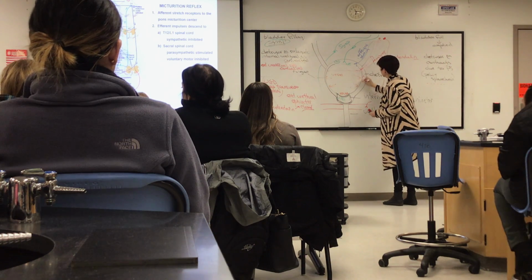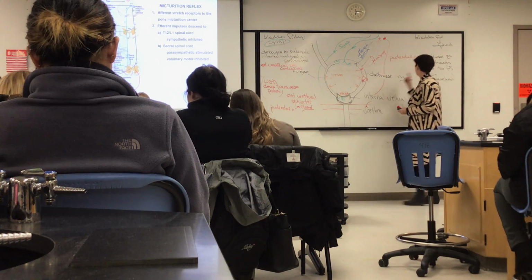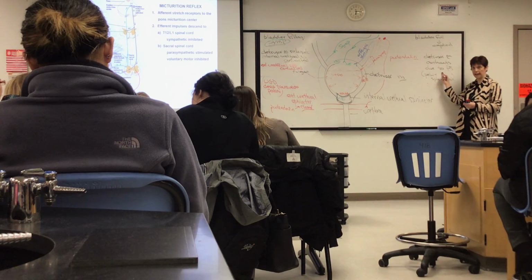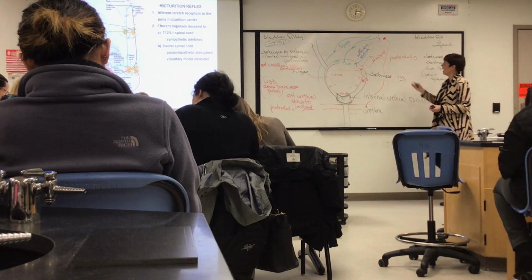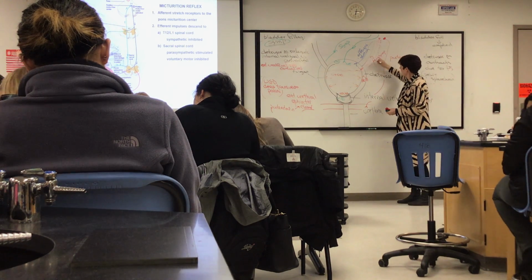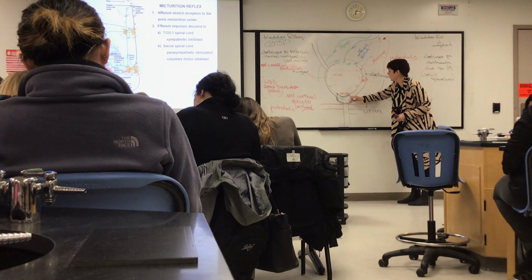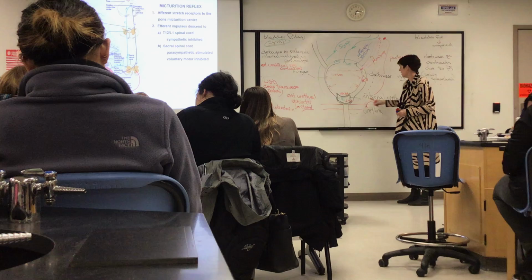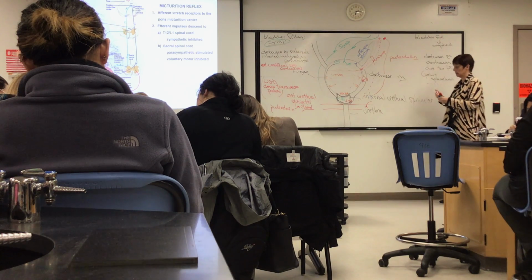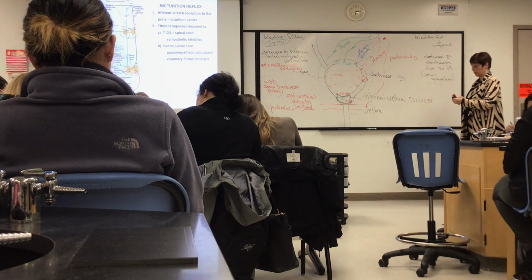It's going to release acetylcholine, and our detrusor muscle is going to contract. Okay? Then we have parasympathetic coming to the sphincter, and it's going to relax. The internal urethral sphincter is going to relax.